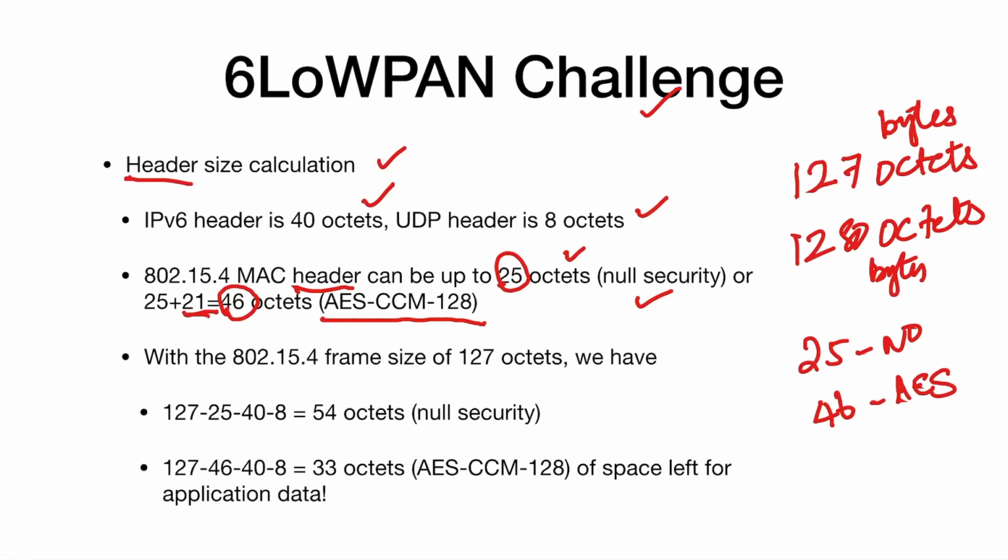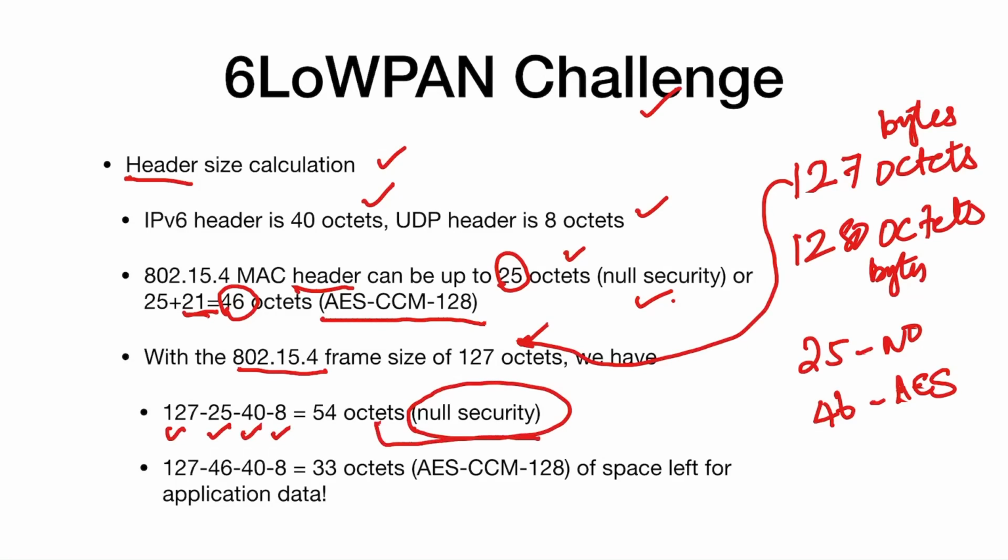Now with the 802.15.4 frame size of 127 octets, we have 127 minus 25 minus 40 minus 8 equal to 54 octets. So without any security, the remaining bytes available for use is the payload. The remaining is 54 octets, so the application can use 54 bytes.